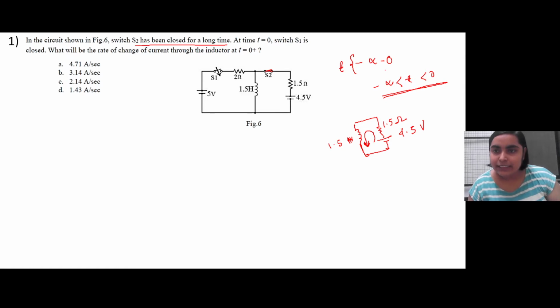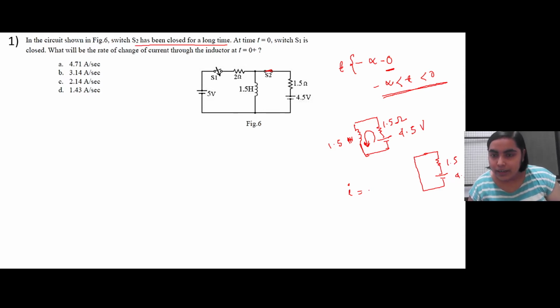Between this time interval, what would have been the current at steady state? Steady state will be reached just before the switching, from minus infinity to 0. So what will be I at steady state? This inductor will behave as a short circuit, so basically the circuit will be just as if there is only one resistance.